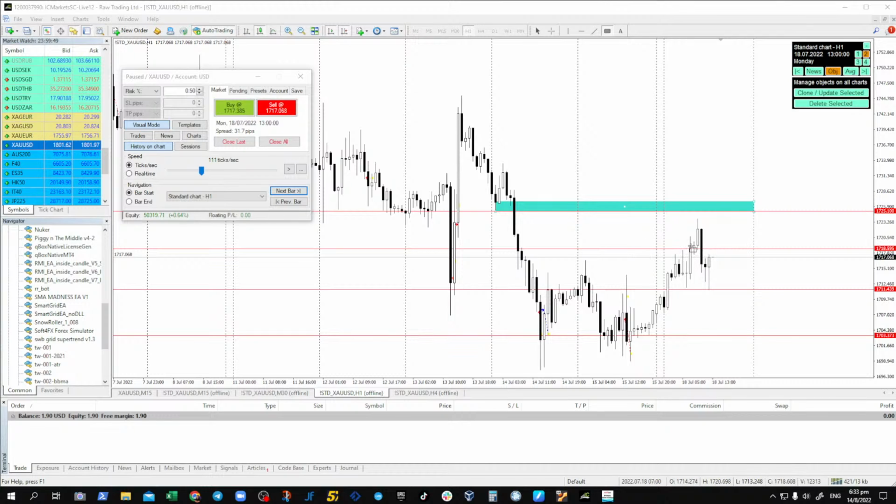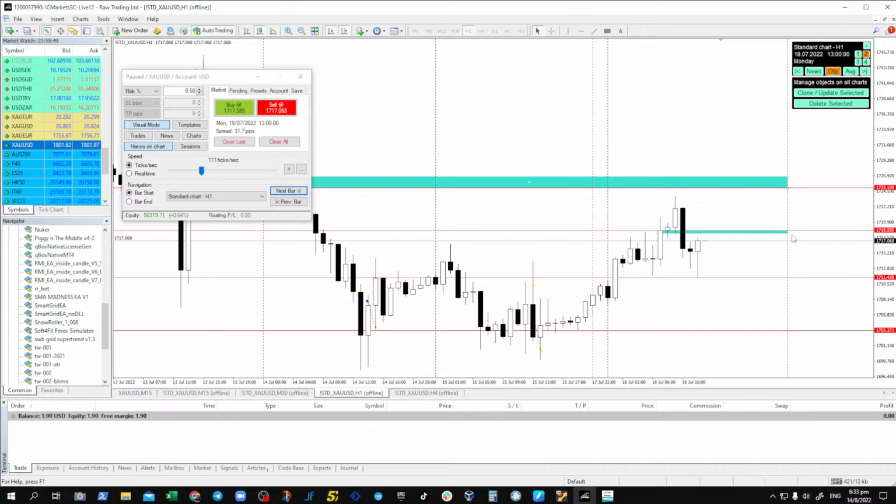This is the SR flip zone made after price broke that. Zoom a little bit, and then there's a demand zone here, which is this one.